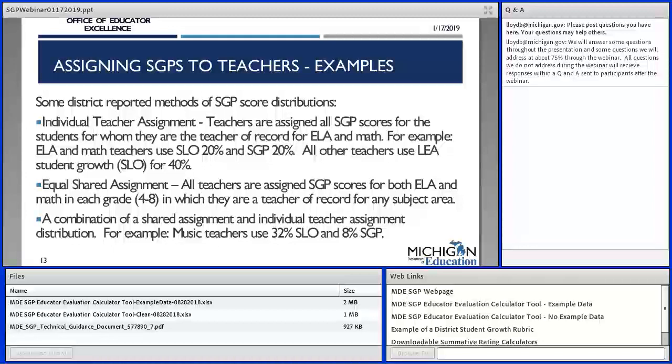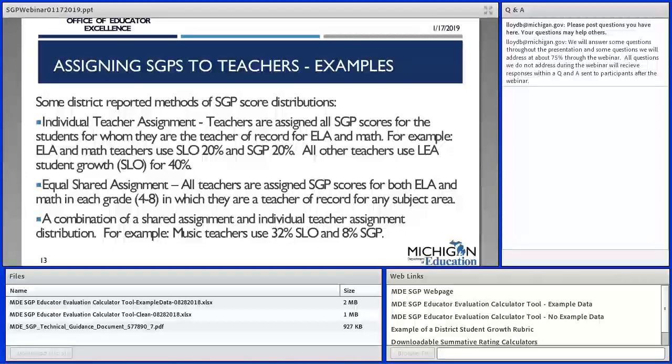So within a school or school district, the SGPs are used to determine 20%, or half of that 40%, and then another model is used for the other half of that 40%, or 20% total, using a model like student learning objectives, that MDE has provided a number of guidance and resources around, for use of data local to the LEA, non-state assessment student growth, for use within educator evaluations. So state assessment data is only attributed to teachers of record in ELA and math and to no other teachers.